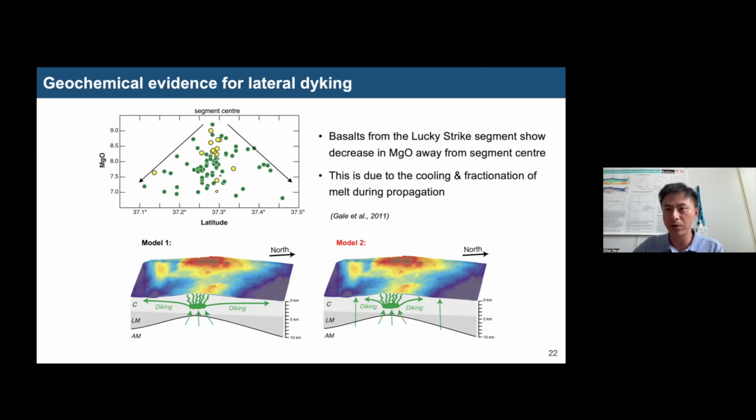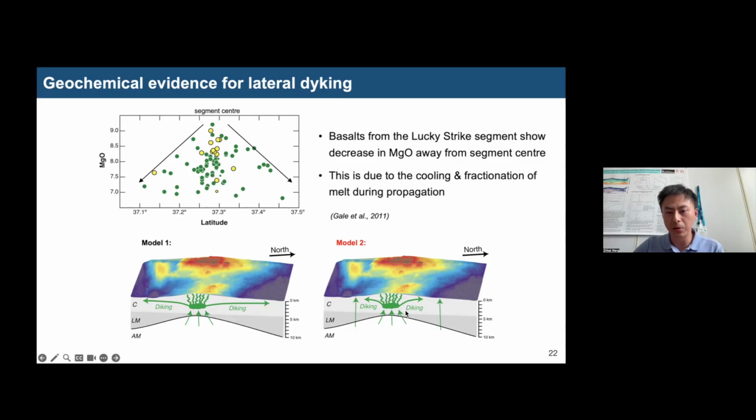fractionation of melt during the melt propagation, which can be interpreted by two models. In the first model, they only consider lateral dyking, where the melt produced in the mantle is focused to the segment center and then redistributed towards the segment ends.